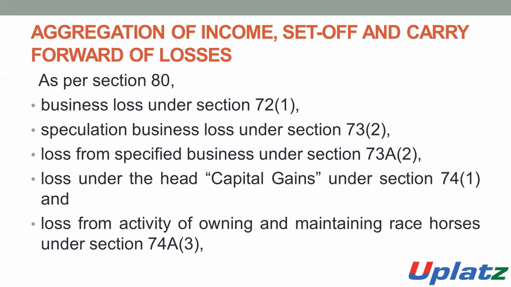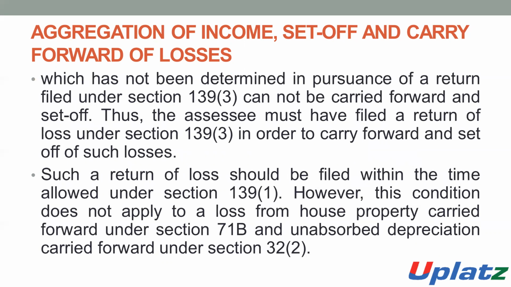For these losses, the loss return is required to be filed. A loss which has not been determined in pursuance of a return filed under section 139 subsection 3 cannot be carried forward and set off.